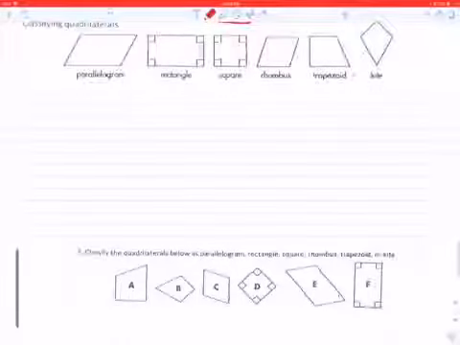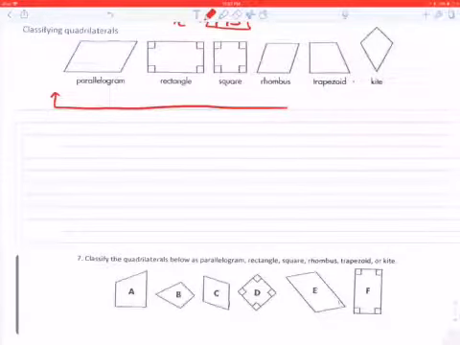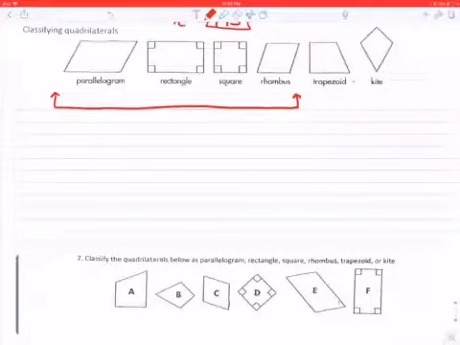Now, quadrilaterals are polygons with 4 sides. So, these figures up to here are all parallelograms.